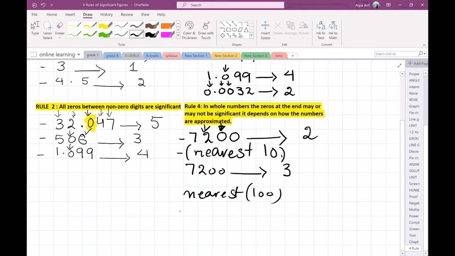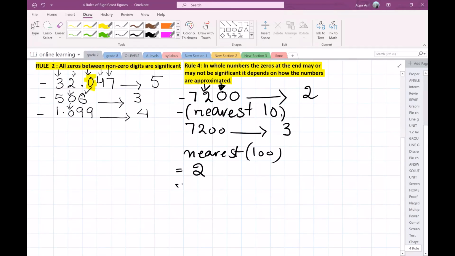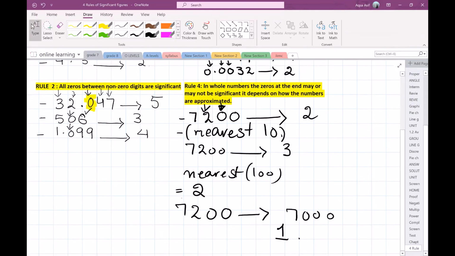So you will write it as the significant figures will be 2. What if the same question has been approximated to the nearest 1000? The significant figure will be 1, right? So at the end, it depends on how the numbers are approximated.